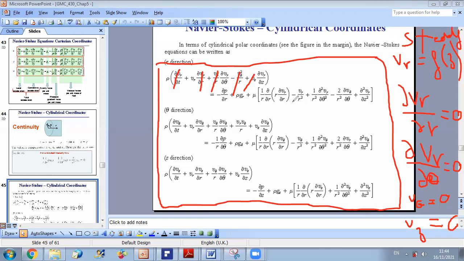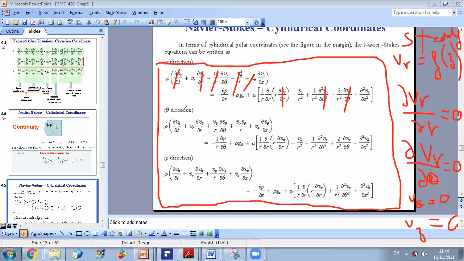From this side, ∂V_r/∂r is 0, ∂V_r/∂θ is 0, no V_θ. You only keep the second derivative of V_r with respect to z, because V_r is a function of z. So depending on the type of problem, you can do a lot of simplifications, and these long equations will reduce to simple equations that can be solved analytically.